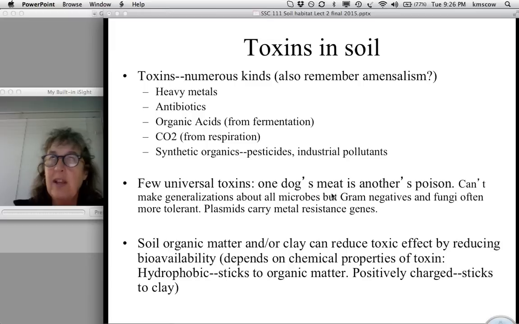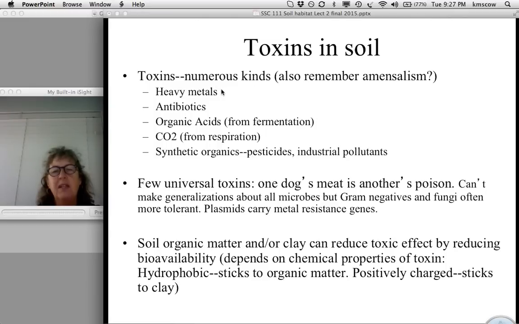An organic compound that could be toxic to one group could actually be a really nice carbon and energy source for another group. And some organisms carry resistance genes that help them deal with the presence of toxic chemicals, for example, metal-resistance genes. So with toxicity, until we get into really extreme conditions, we're often talking about different responses of different groups of organisms.